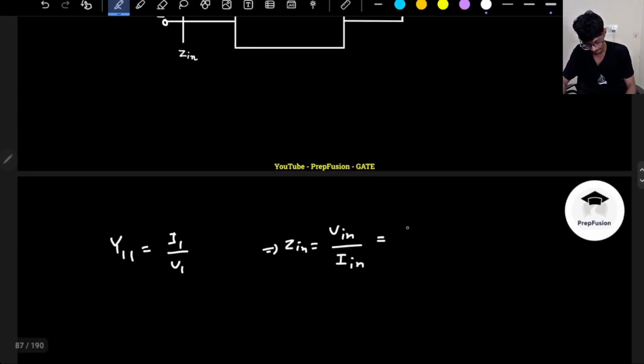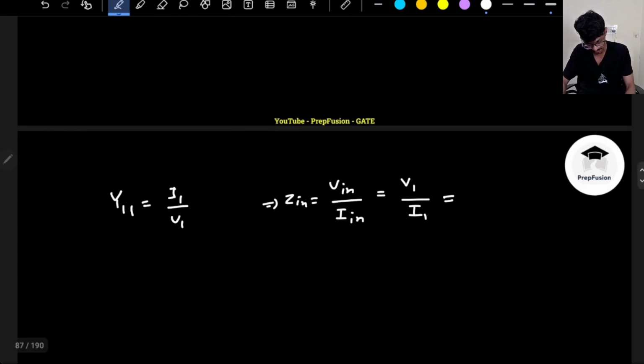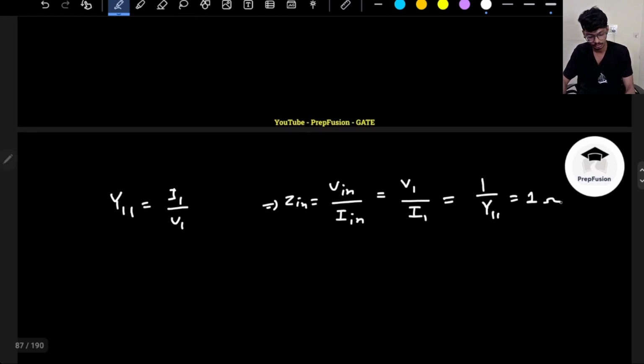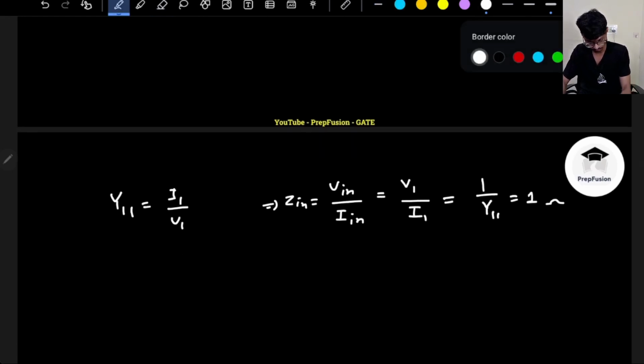So it will be V1 divided by I1. You will say this is equal to the inverse of the Y11 parameter, so Y11 is 1 and you will say it is equal to 1, and you will be totally wrong.